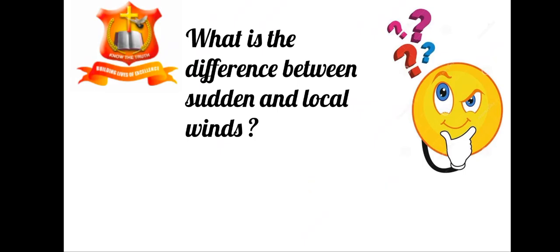Now, what is the difference between sudden and local winds? Sudden winds do not have any definite time of occurrence. As temperature rises and falls unexpectedly at any time of the day or season, high speed winds set in. Therefore, they are called sudden winds.